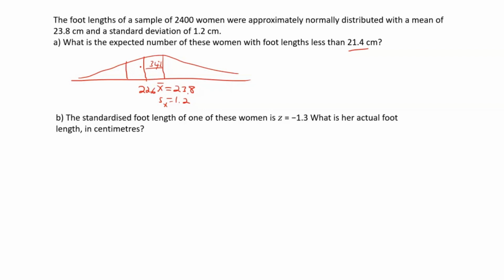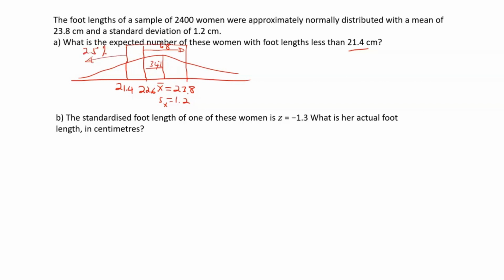The next one will be 21.4. Remember that one standard deviation is the 68, and the second standard deviation is the 95 percentile. Whatever is less than that is going to be 2.5.